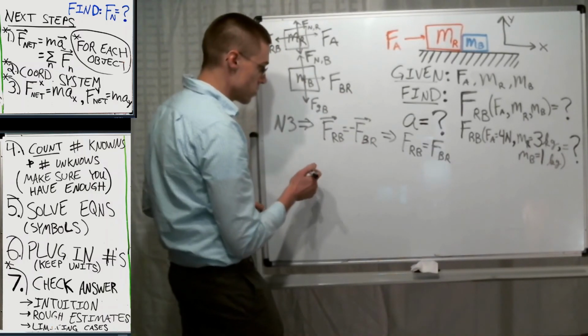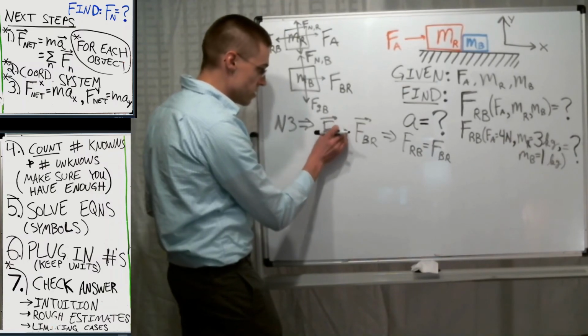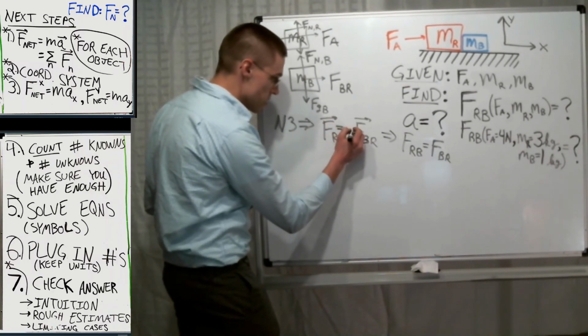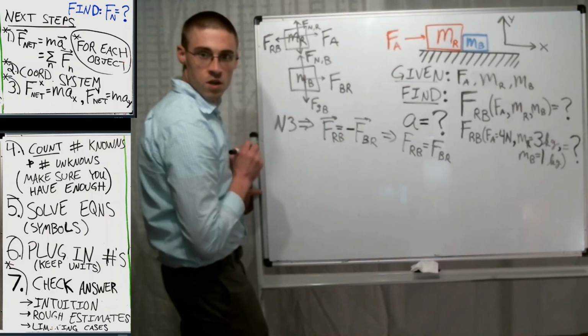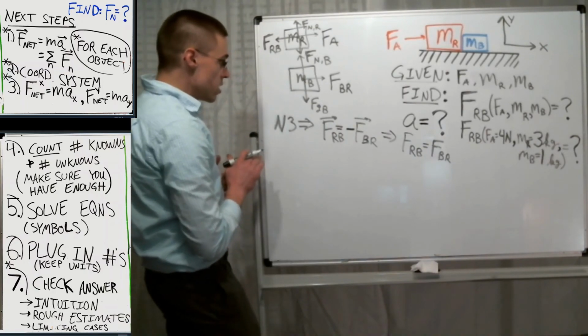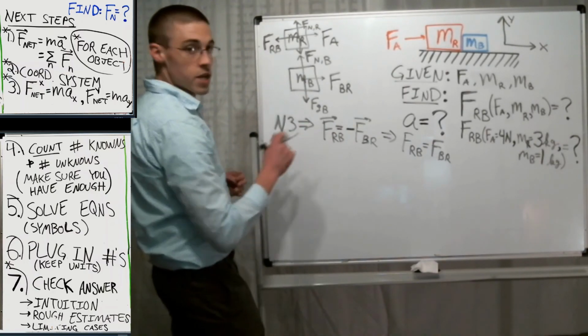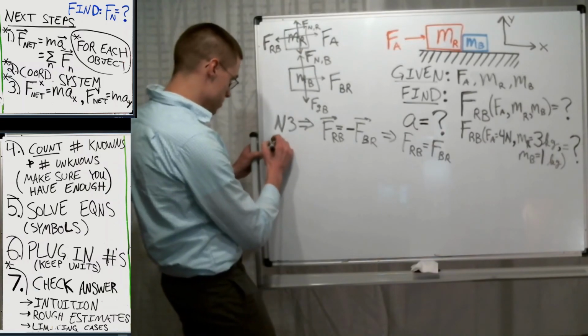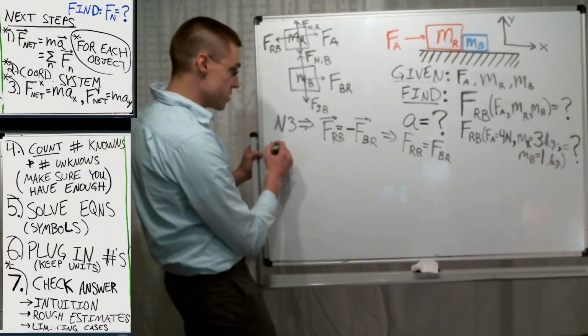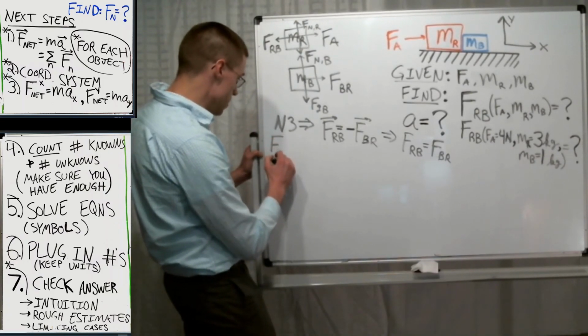Okay, great. I'm just going to make sure that everybody can see this. There is a minus sign there. Okay, good. Now, let's go and do step 1. So, step 1, I'm supposed to do an F-net equation for each one of these.